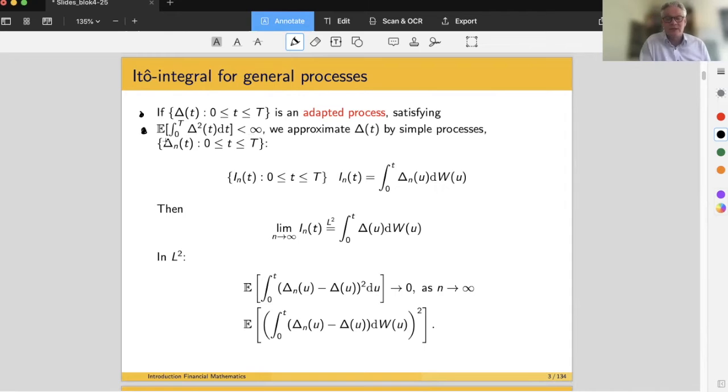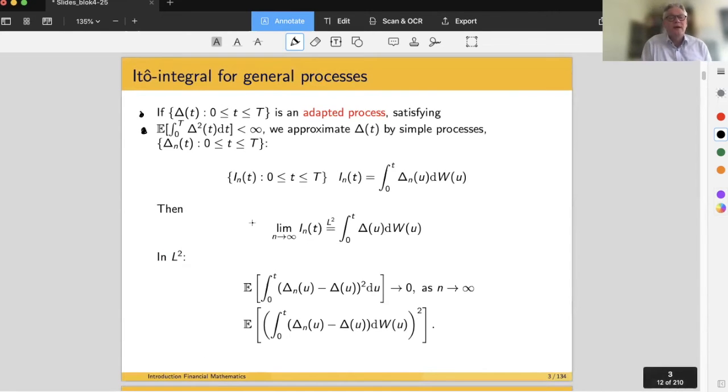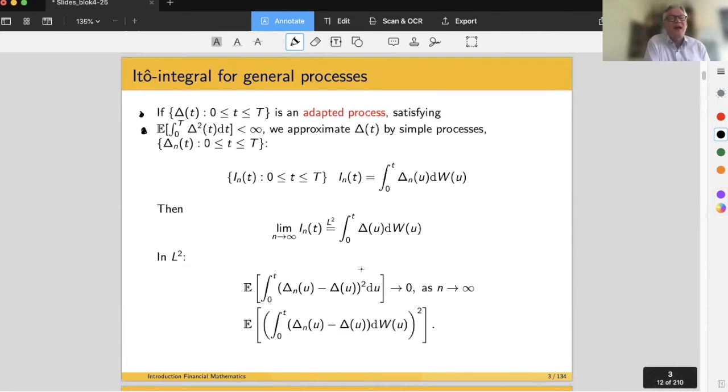Let's look back, you see that this is connected to this here, so it says finite variance for this integral.